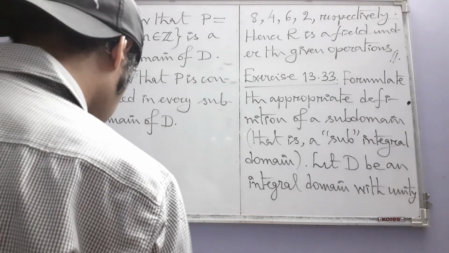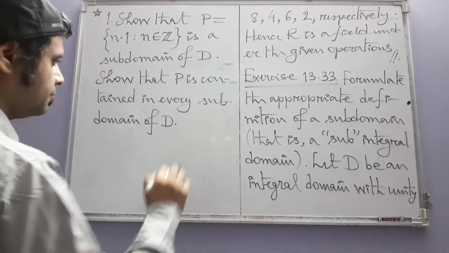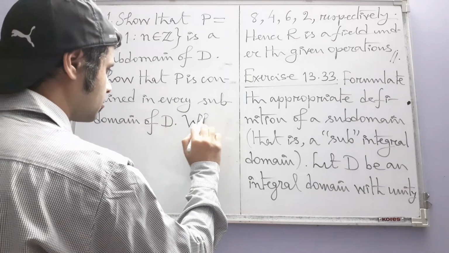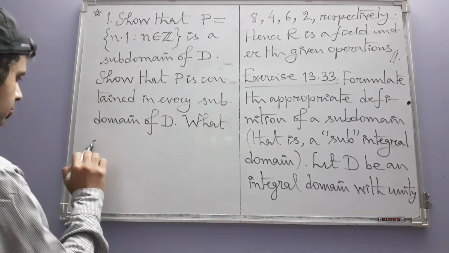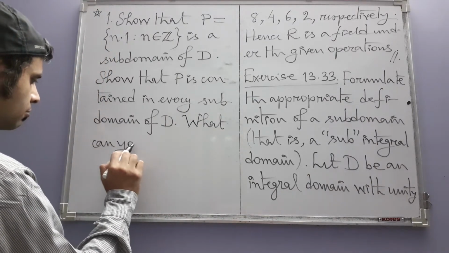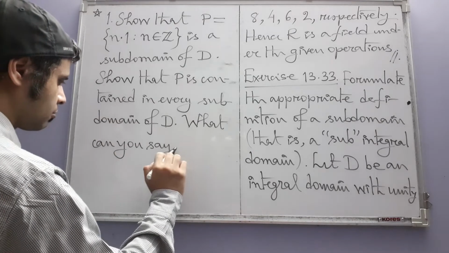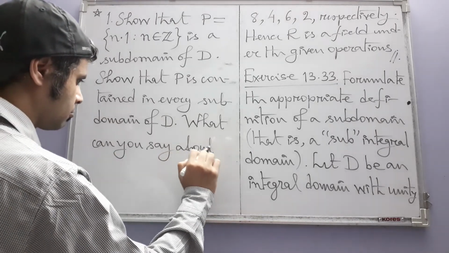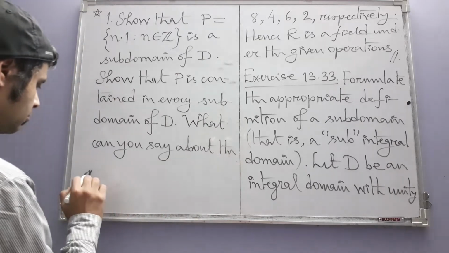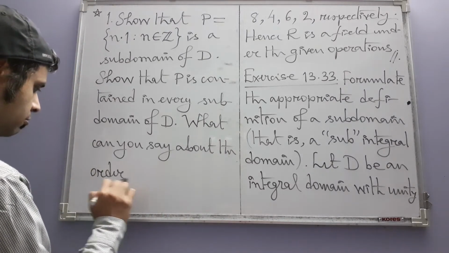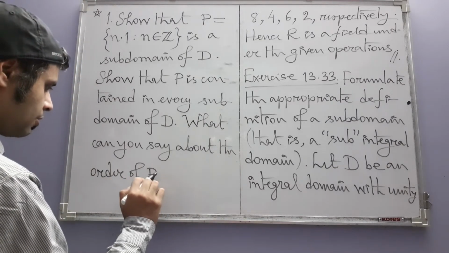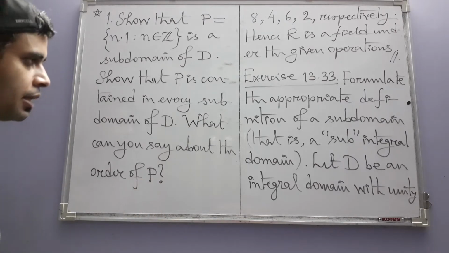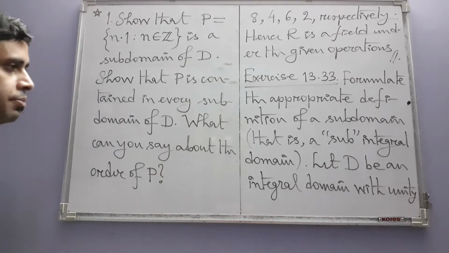What can you say about the order of P? That is, how many elements will there be in P? What can you say about that number?